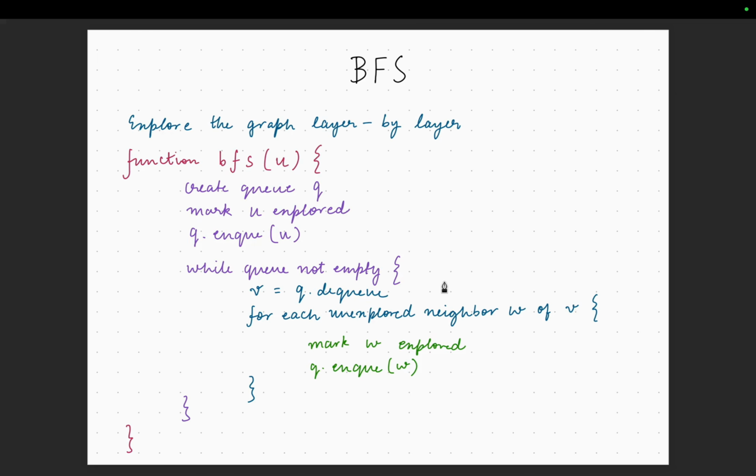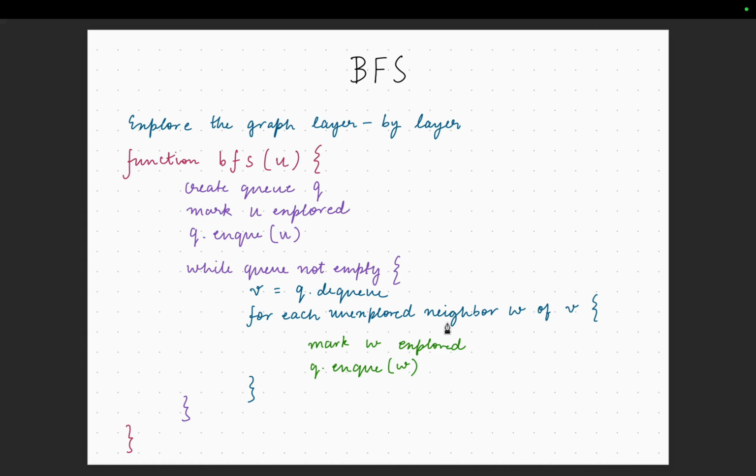You go to all of the neighbors one by one and then visit just one layer further into each, and then keep doing that so that you don't completely exhaust a path, but you explore all paths at once. This is generally implemented using a queue data structure, because in a queue you push elements at the end and take them out from the other side, right? So whatever goes first comes out first.